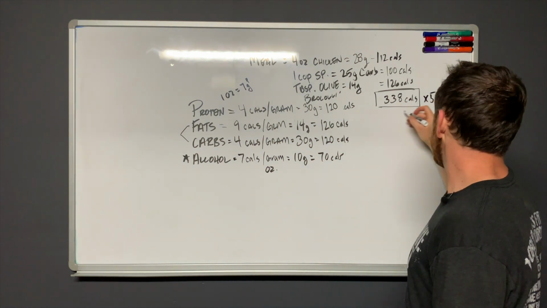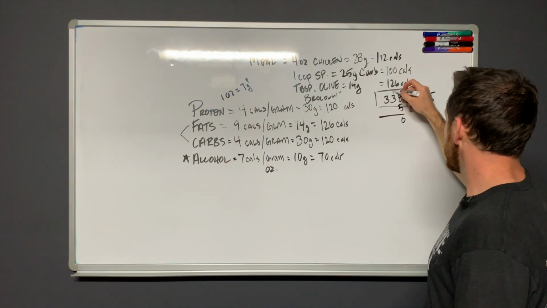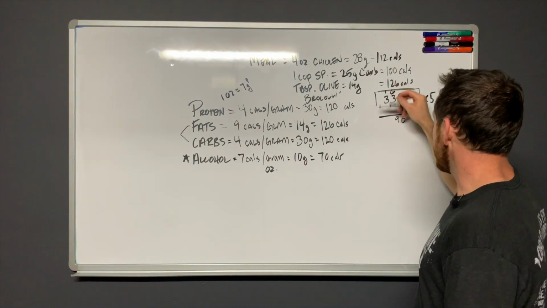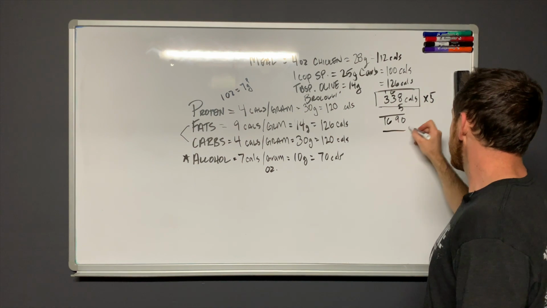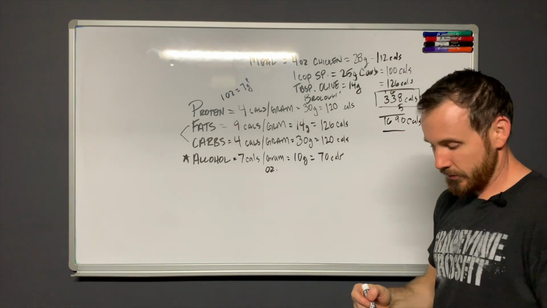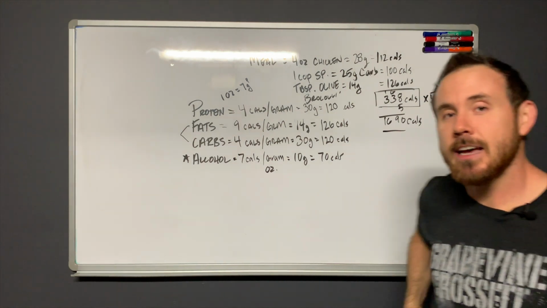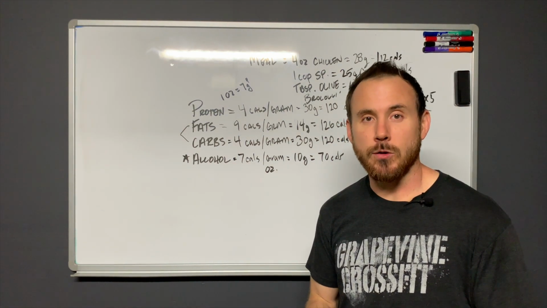So we have 8, 40, 16, 17, 18, 19, 5, 10, 15, 16, 1,690 calories for the day, right? For 5 meals of that.